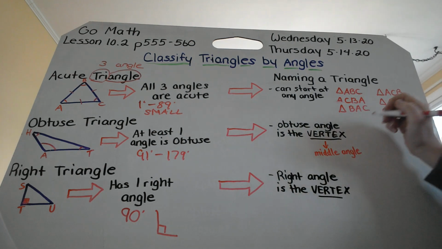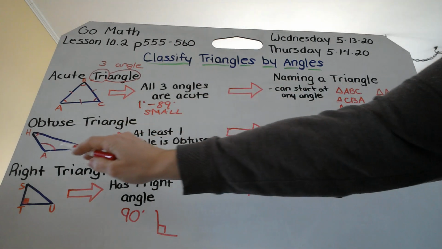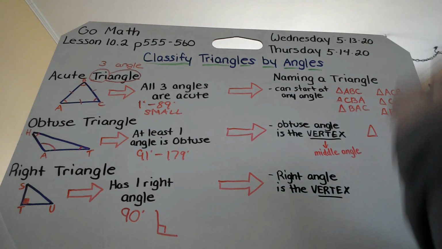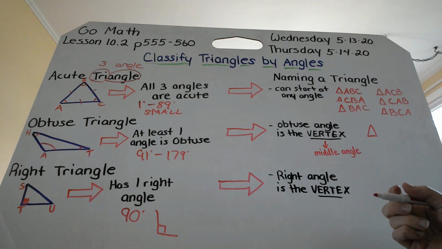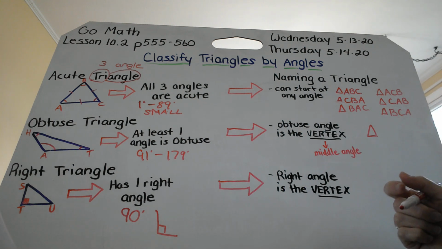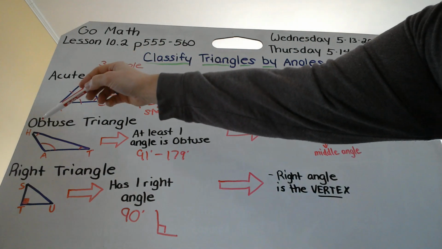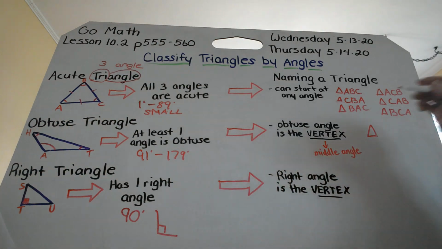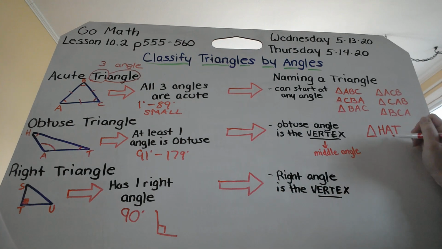So this triangle, if A has to be your middle angle, what could we call that? A has to be in the middle. So what could we say that that triangle's name is? Let me hear you. Yep, I heard it. I heard triangle HAT, because your obtuse angle needs to be in the middle.